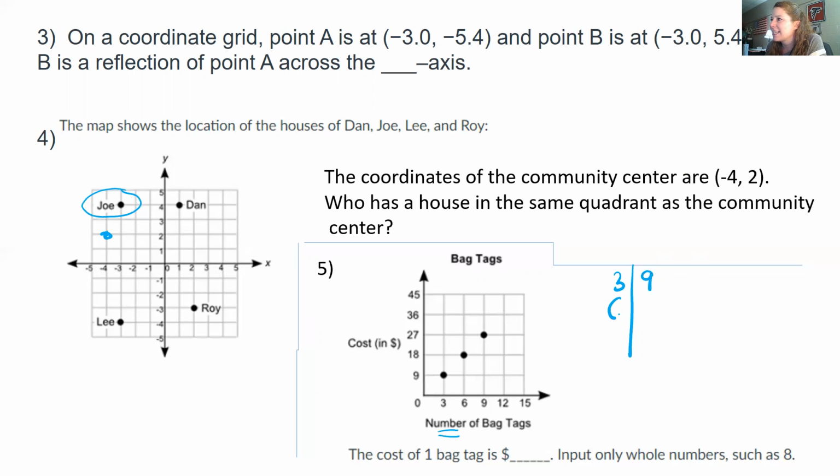It looks like 6 bag tags is $18 and 9 bag tags is $27. So what would be the cost of 1 bag tag? Well, if you divide the cost by the quantity for all 3 of these, we get the same number, don't we? So that means our unit rate is $3 for 1. All right.